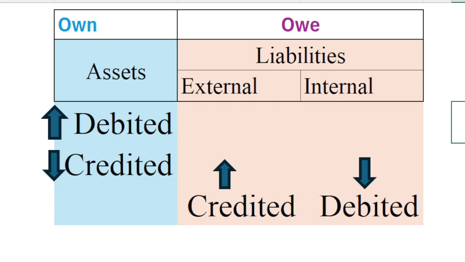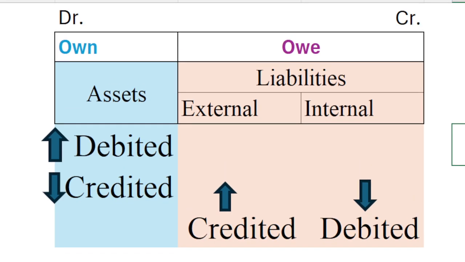Therefore, we credit the transactions of income. This is how the fundamental rules of debit and credit are applied in each transaction. Let's see in the next video the application of these fundamental rules through passing journal entries, or recording the transactions in the books.